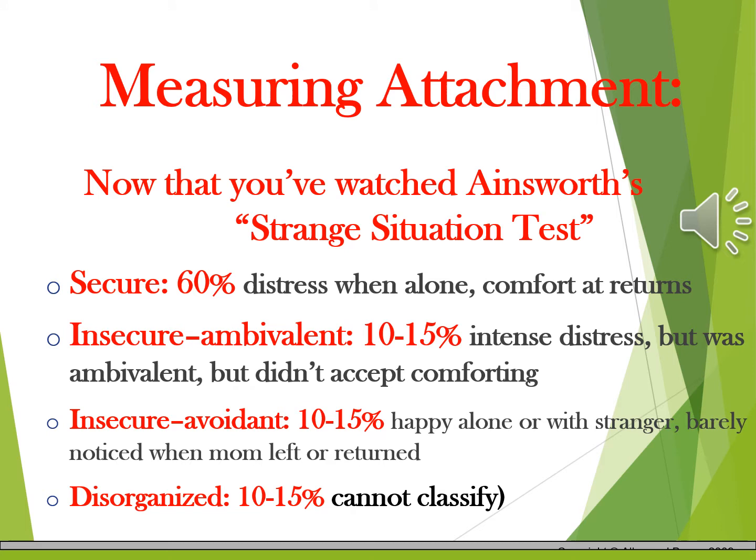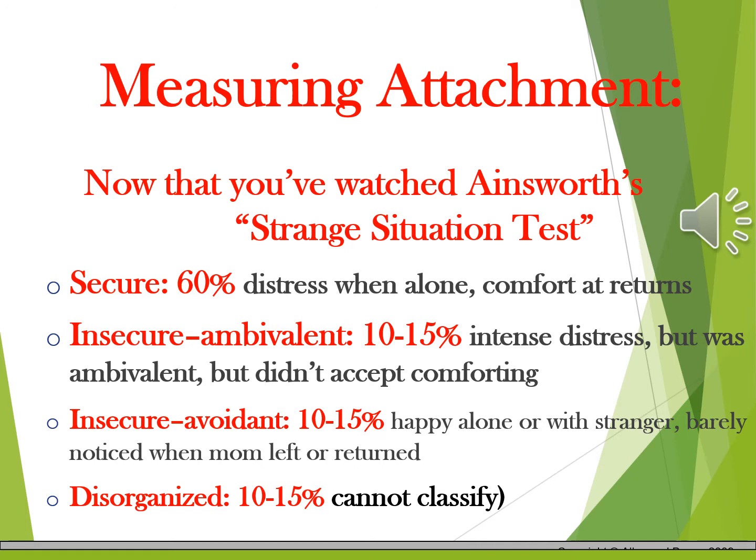So now that you've viewed the strange situation test, let's put the basic categories and percentages into our notes. More than half, that is 60% of infants, followed the secure style of attachment. 10 to 15% had the insecure ambivalent type. Ambivalent means mixed feelings.